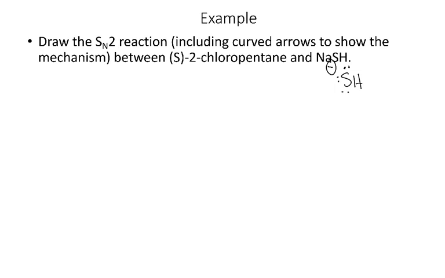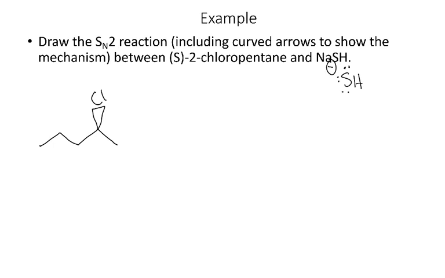All right, so if we start by drawing S-2-chloropentane, there's my pentane, and then I need to have the chlorine coming off carbon 2, so I'm going to number it as 1, 2, and I need it to be S. What I typically do is put in the chlorine as a wedge, and then we'll check to see if in fact this is S-2-chloropentane. If it's not, if I figure out that it's R, then I just need to change my wedge into a dash.